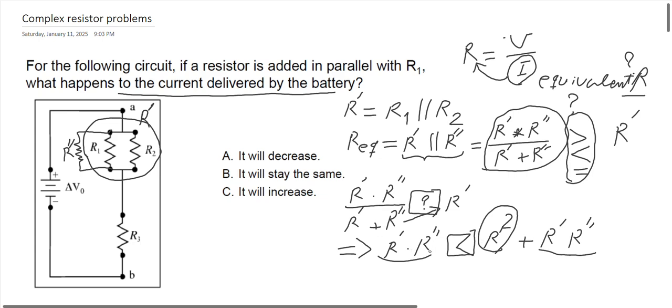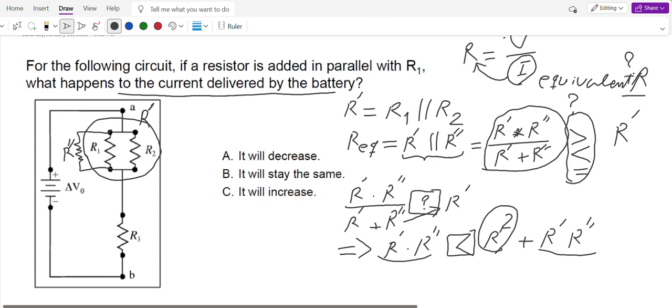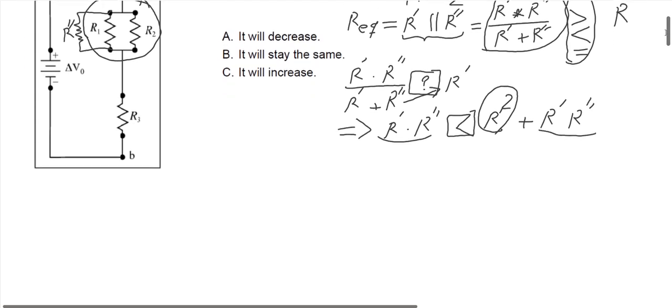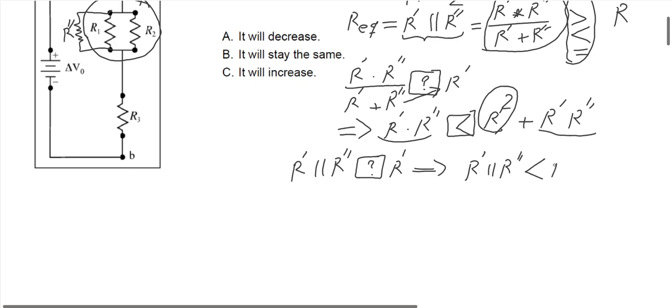So now, if we go back to the main problem, we were going to figure out which side is greater. Let me just extend the page a little bit. We were figuring out if R prime parallel with R second is greater than, equal, or less than R prime. And we just figured out that R prime parallel with R second is actually less than R prime.